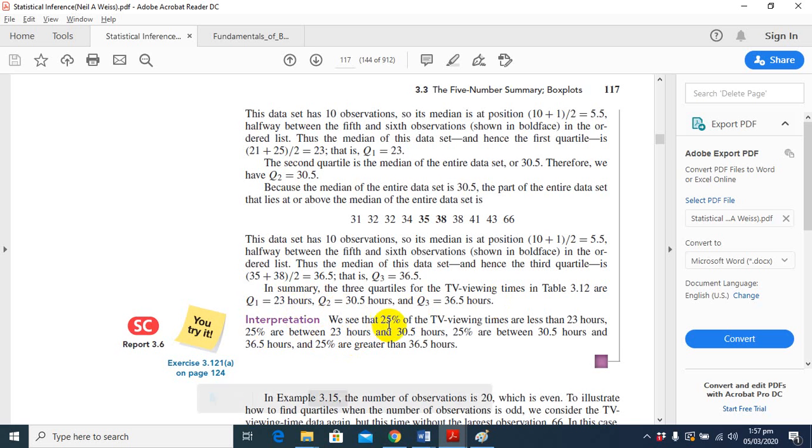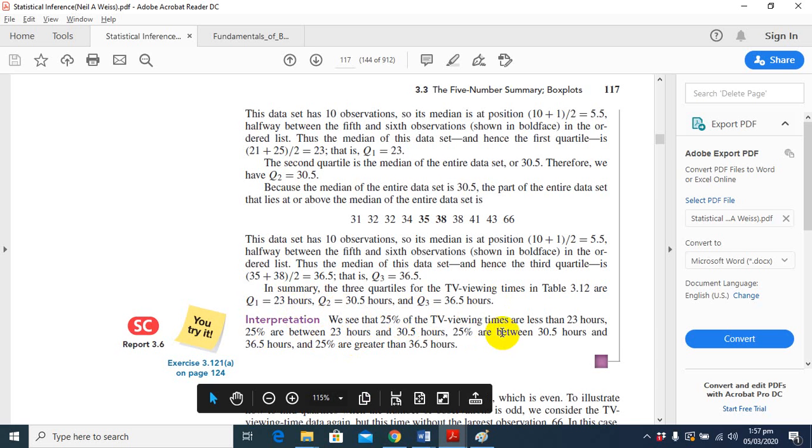We can interpret that 25% of the TV viewing times are less than 23 hours because quartile 1 is 23, and moreover 25% are between quartile 1 and quartile 2, which is 23 hours and 30.5 hours, and 25% are between 30.5 hours and 36.5 hours, and 25% are greater than 36.5 hours. So this should be the interpretation of quartile 1, 2 and 3.